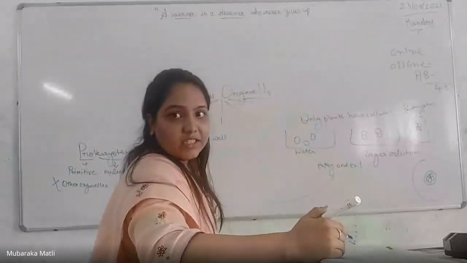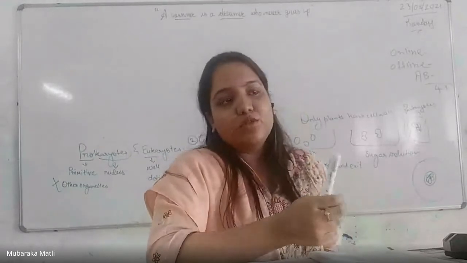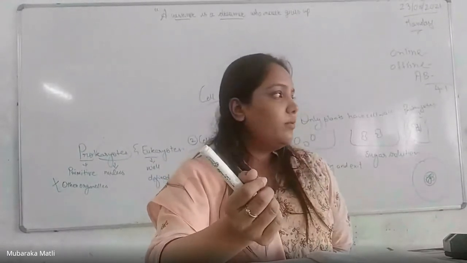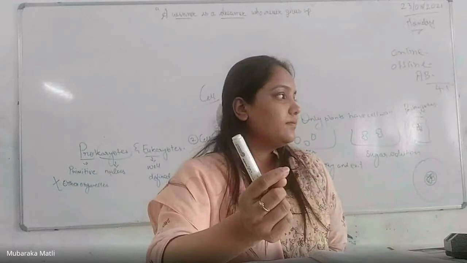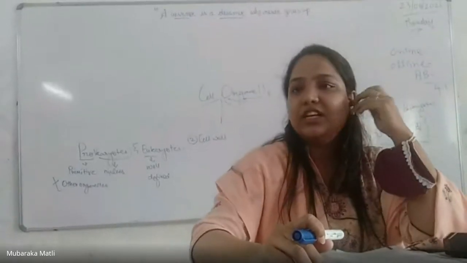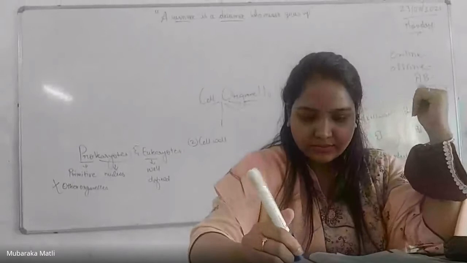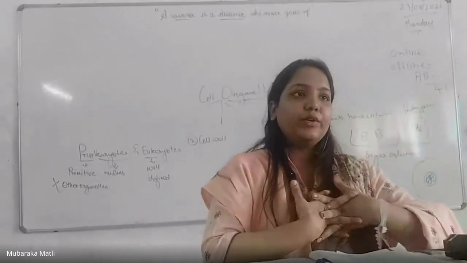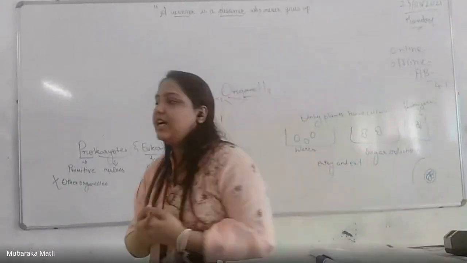Are all organisms motile or not? Motility means movable and immovable. If the organism is living but it is non-motile, then how can you say it is living or not living? All organisms are not motile, beta. If we are talking about bacteria, all bacteria are not motile.